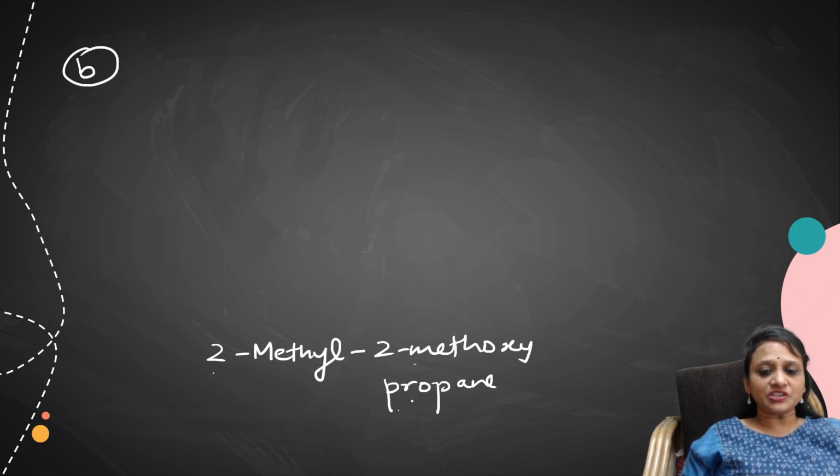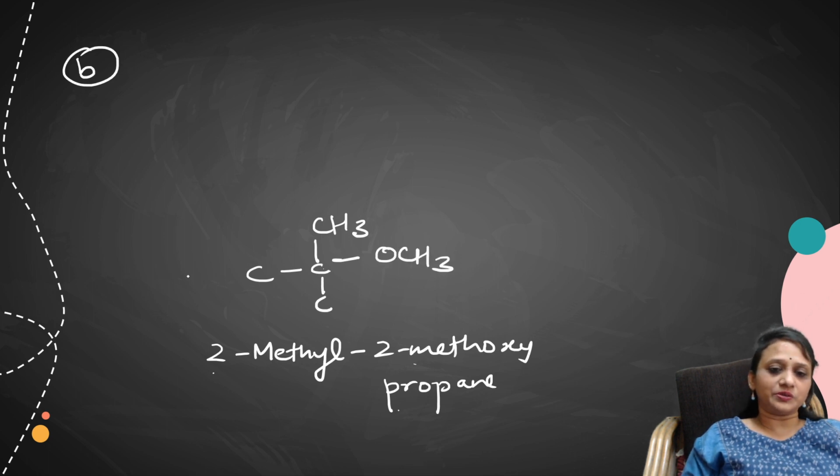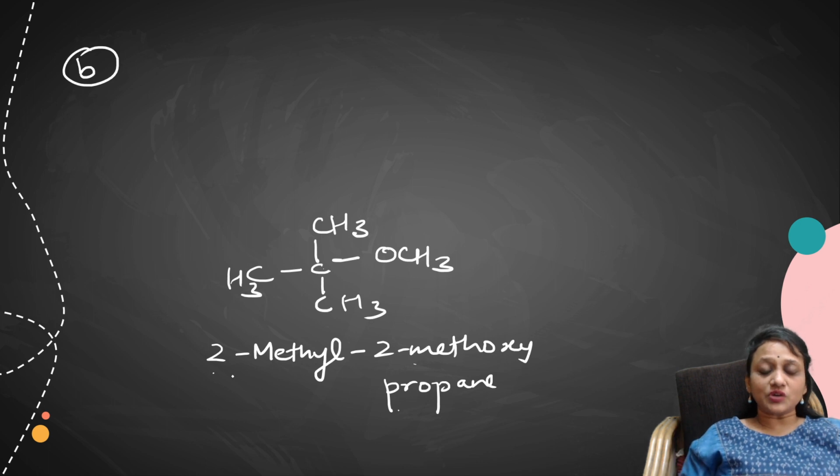And the parent chain is propane. Write down 1, 2, 3. This is prop. Now, this is the first carbon. Second carbon, let me consider this. In the second carbon, I have one methyl group. In the second carbon, I have one more methoxy group. Right, students? This is the compound. So I have to prepare this 2-methyl-2-methoxypropane. Now go back.